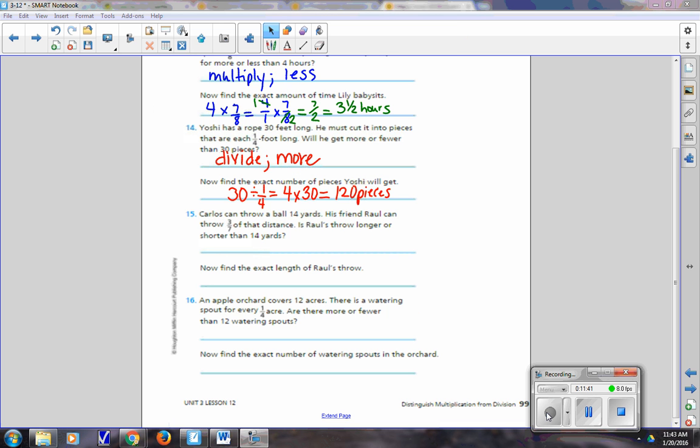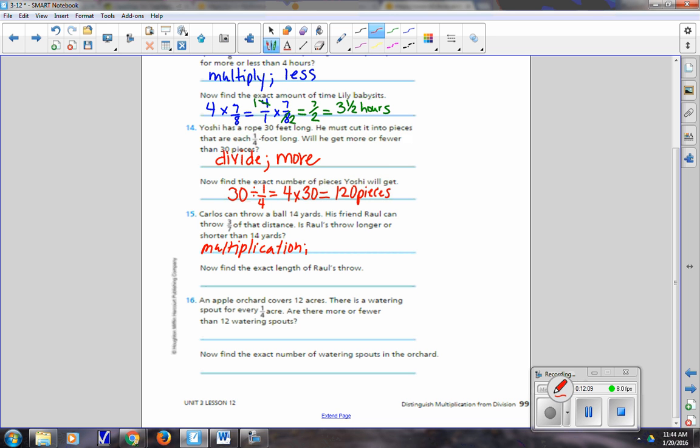Carlos can throw a ball 14 yards. His friend Raul, listen how I read this, okay? His friend Raul can throw 3/7 of that distance. Is Raul's throw longer or shorter than 14 yards? First, division or multiplication? Very good. Multiplication.